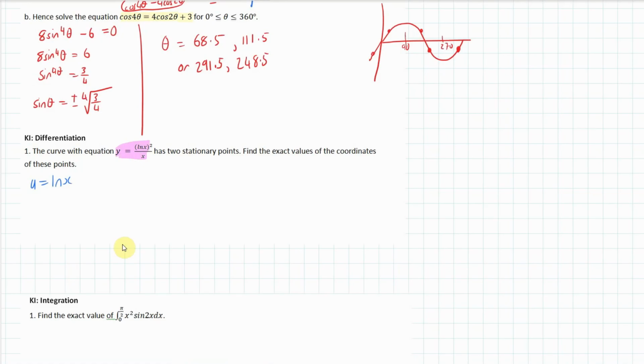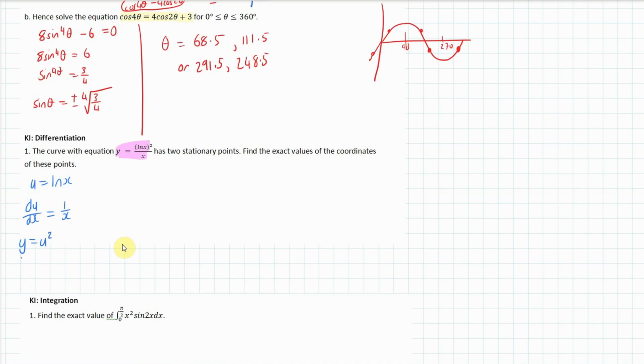I'll first of all just deal with the top because that's a bit more complex. So I'll say du dx is equal to 1 over x. And then, so I'm using chain rule here, just to work out what it would be when I differentiate that top bit before I use the quotient rule.